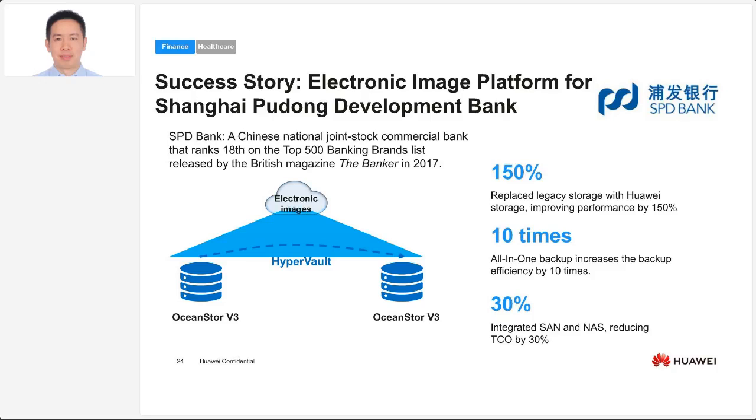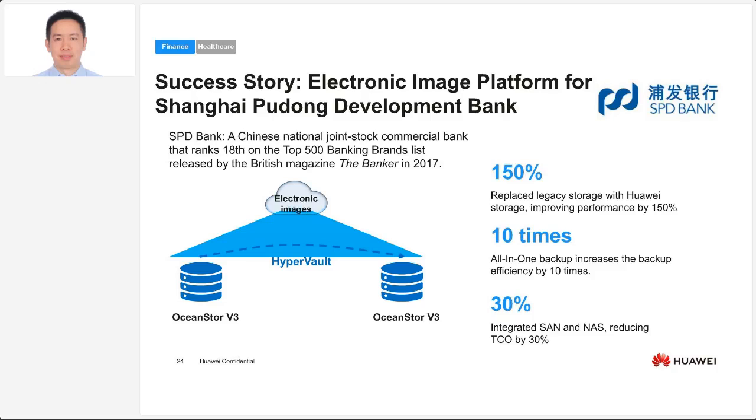What are the benefits to the customer, to SPD Bank? The performance was improved by 150% after we replaced the legacy storage, and with the all-in-one backup solution, they increased the backup efficiency by 10 times.